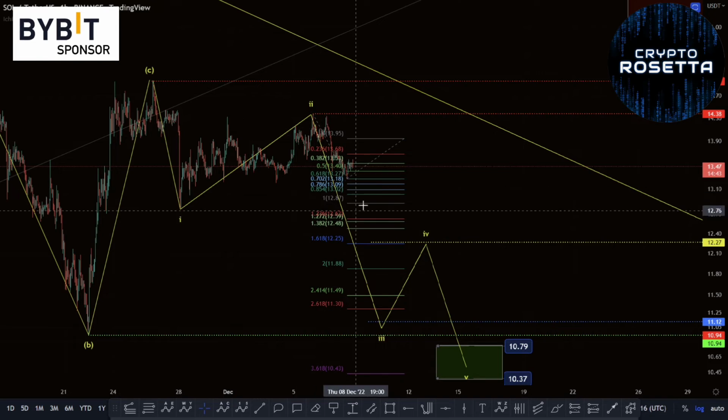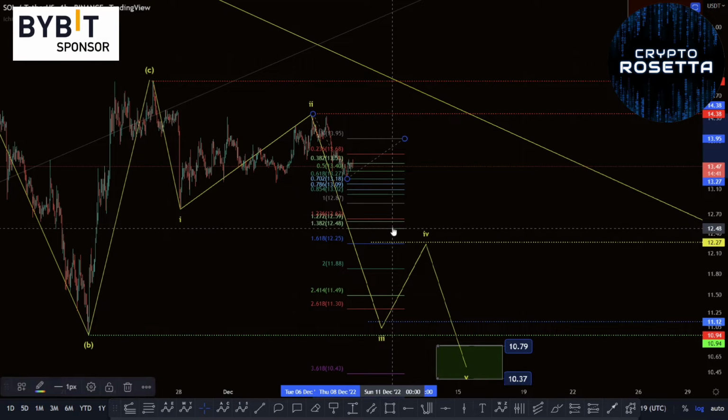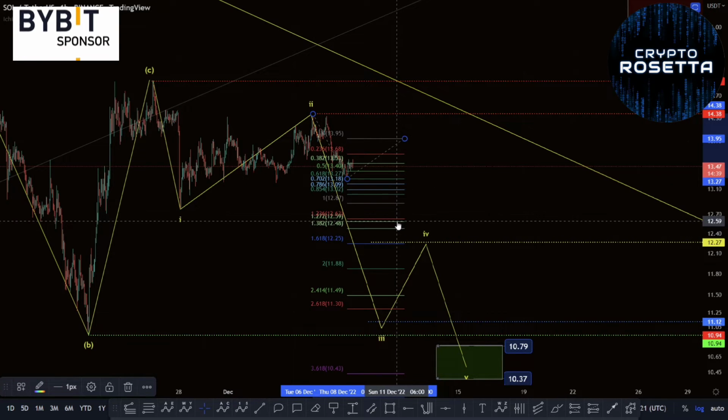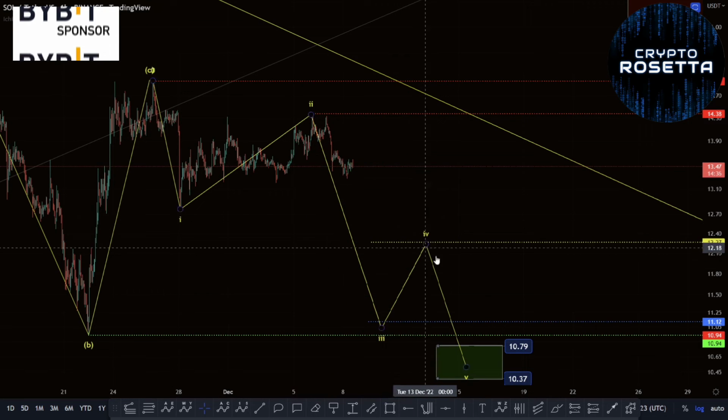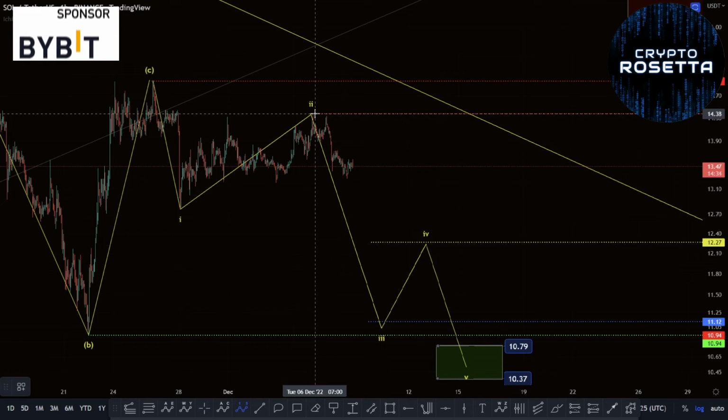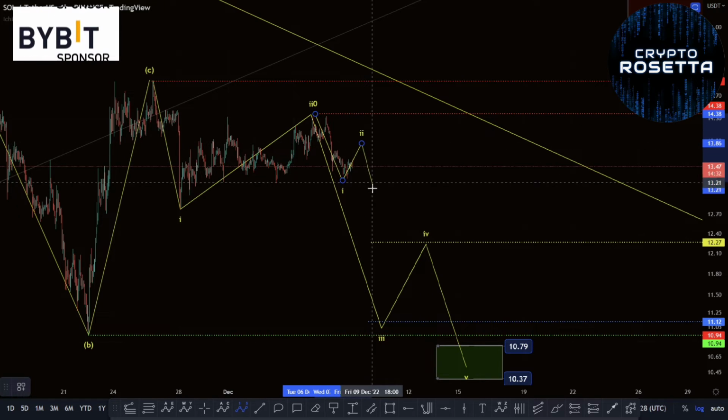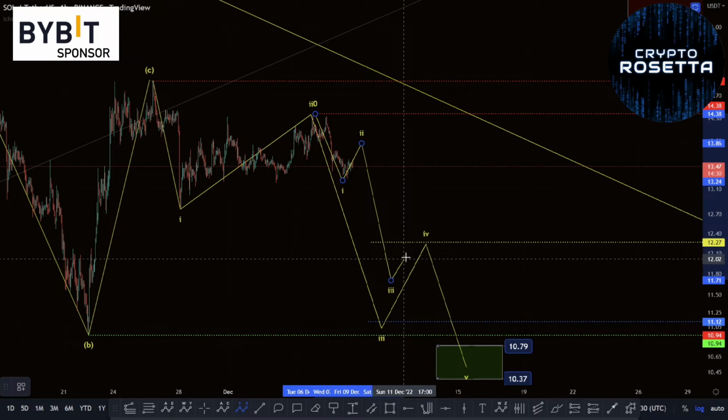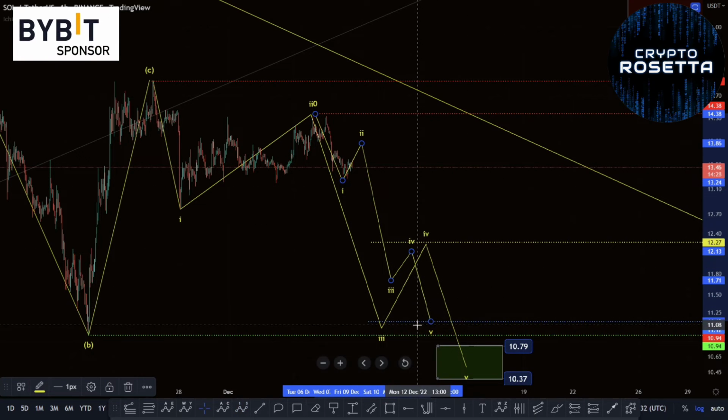If we get a move down like that, then what we could potentially see is a little bit more of an extension, and we could see these waves slightly extend out, where we get a deeper move which comes further down, and then we look to cross this impulsive trigger here.